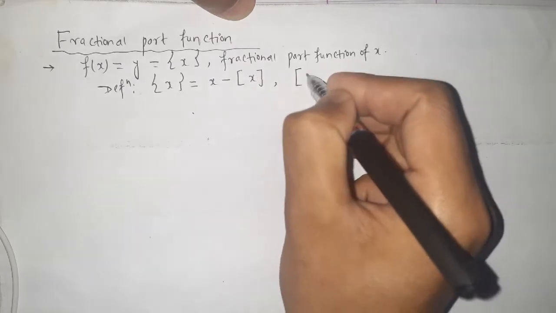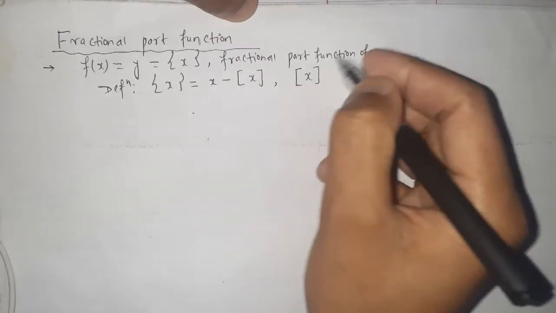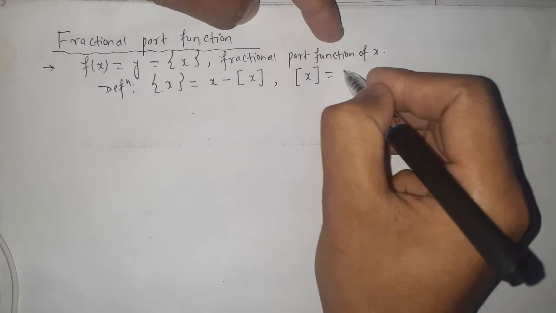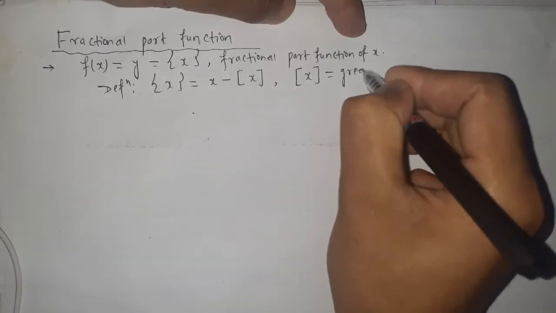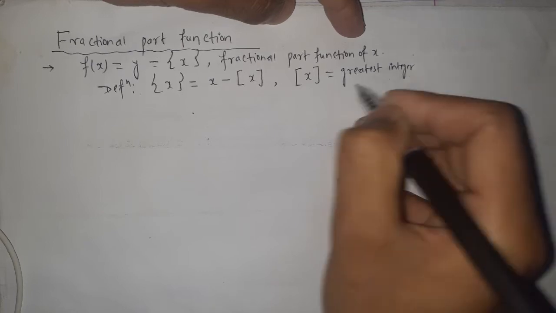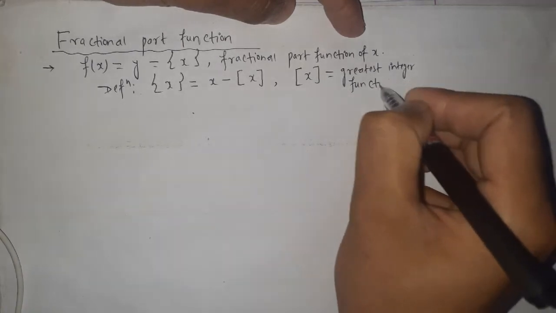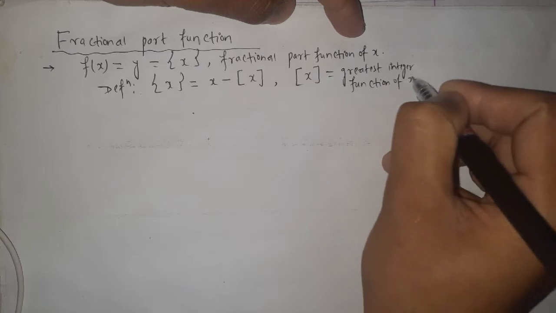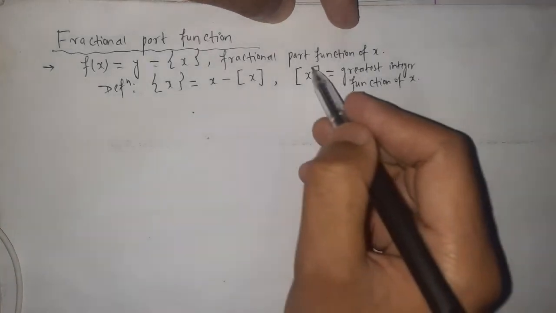Here the x inside the square bracket represents the greatest integer function of the input x.